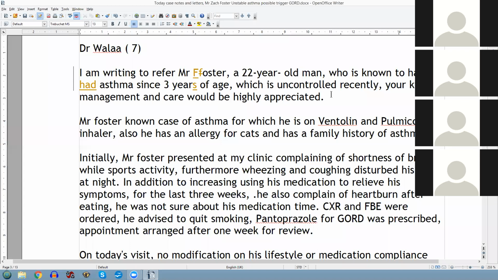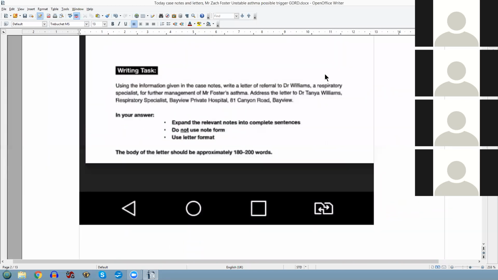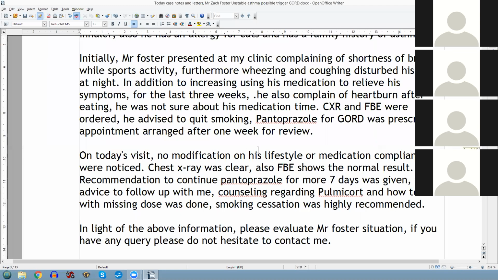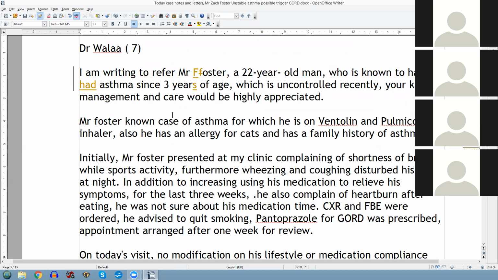I thought it wanted a lung function test and advice. That's what they want. Management and care sounds nice, but what you really want the reader of this letter to do is to give a lung function test and to give advice on management. So that's not quite what the task is asking you to do.